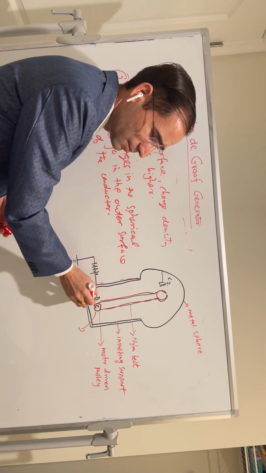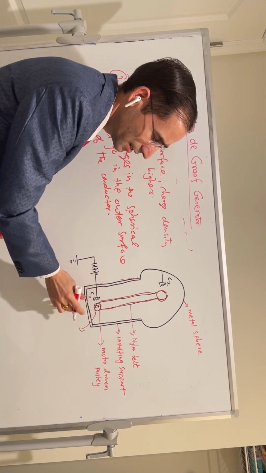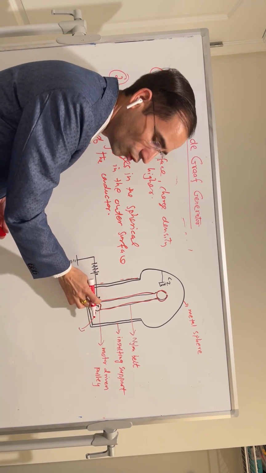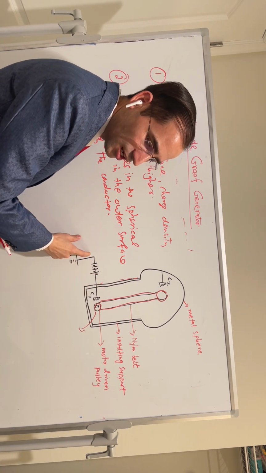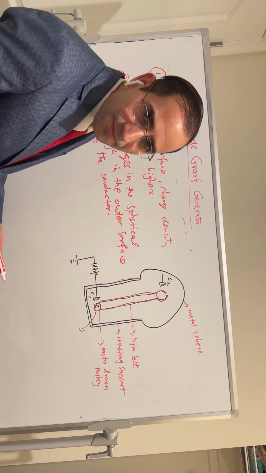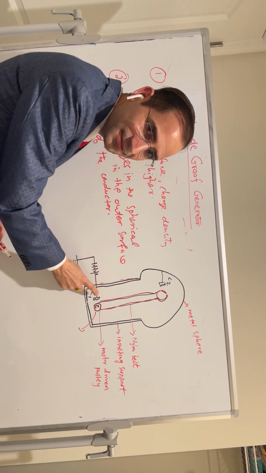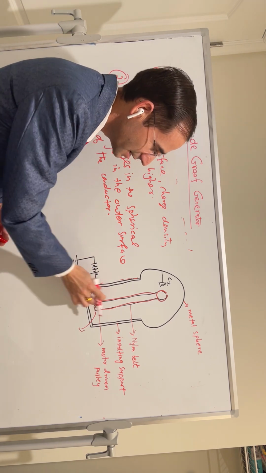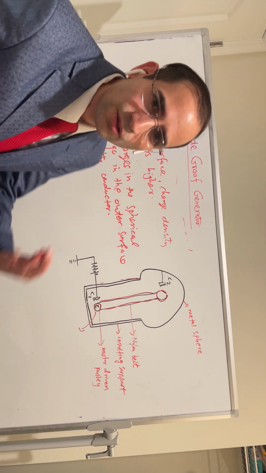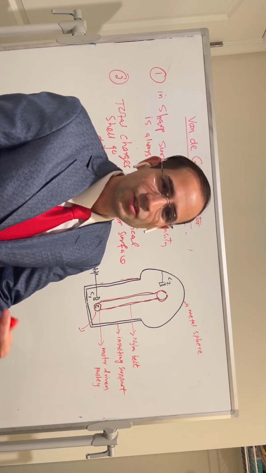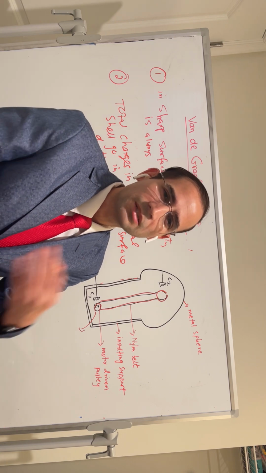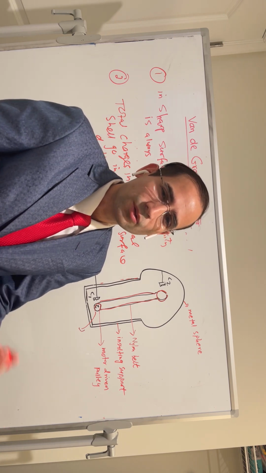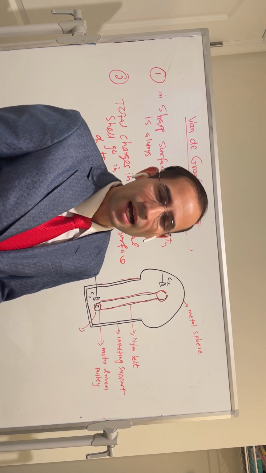Now the first comb, the lower comb, which is near the motor driven pulley, is connected to an external source or battery so that you can provide the charge, right? Initially the comb is electrically neutral. You know all matter is generally electrically neutral unless you apply some charge to unbalance it, whether you remove or add charges.